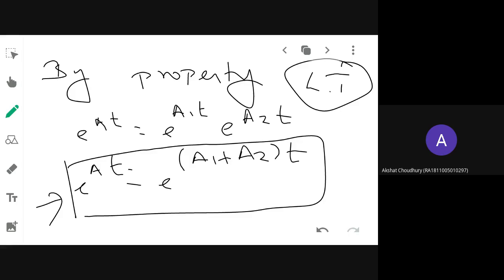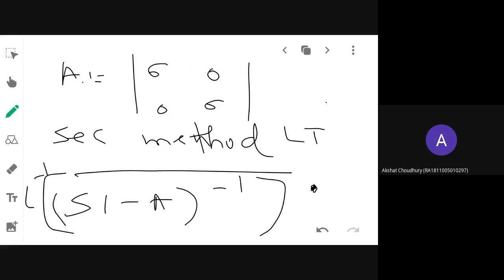First, individually for the two state matrices you need to find out the state transition matrix, then you have to multiply both together, thereby you will be getting e power At. That is the methodology. So A1 is sigma 0, 0 sigma, for which I will try to find out individually the state transition matrix by using Laplace transform technique. By Laplace transform technique, what is the formula?